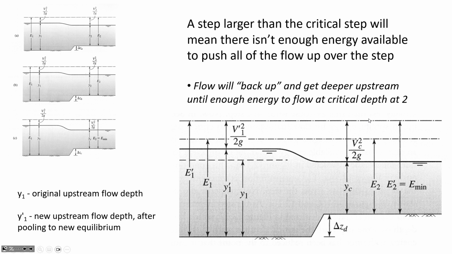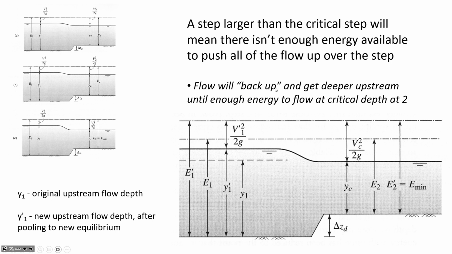The water's going to rise until there's enough energy to flow over that obstacle. So this is an extreme case of the same thing with this delta Z. If you make the delta Z high enough, then there isn't enough energy in the existing flow depth to overcome the obstacle. And so pooling will occur.